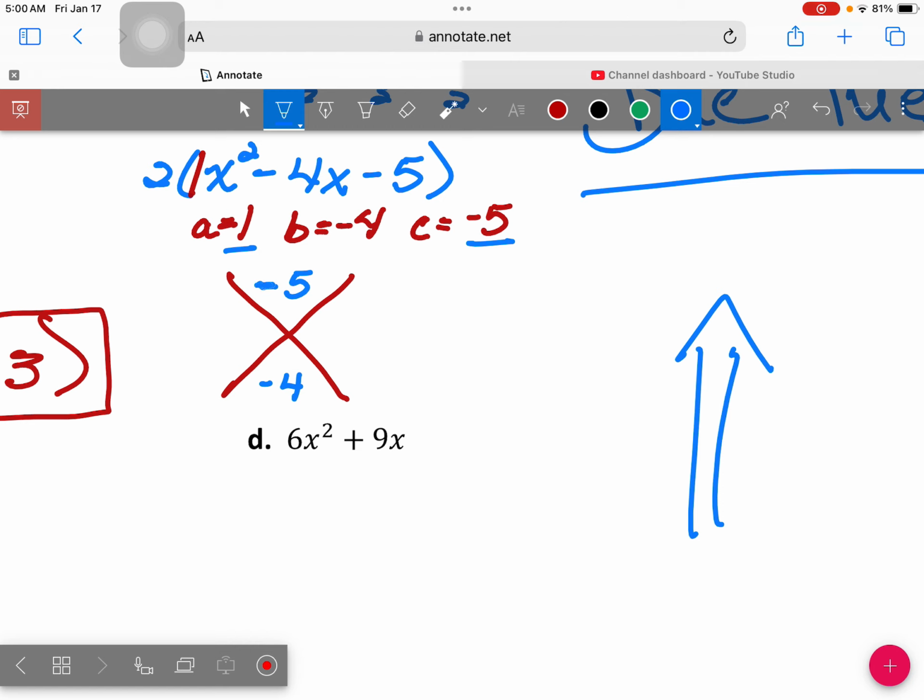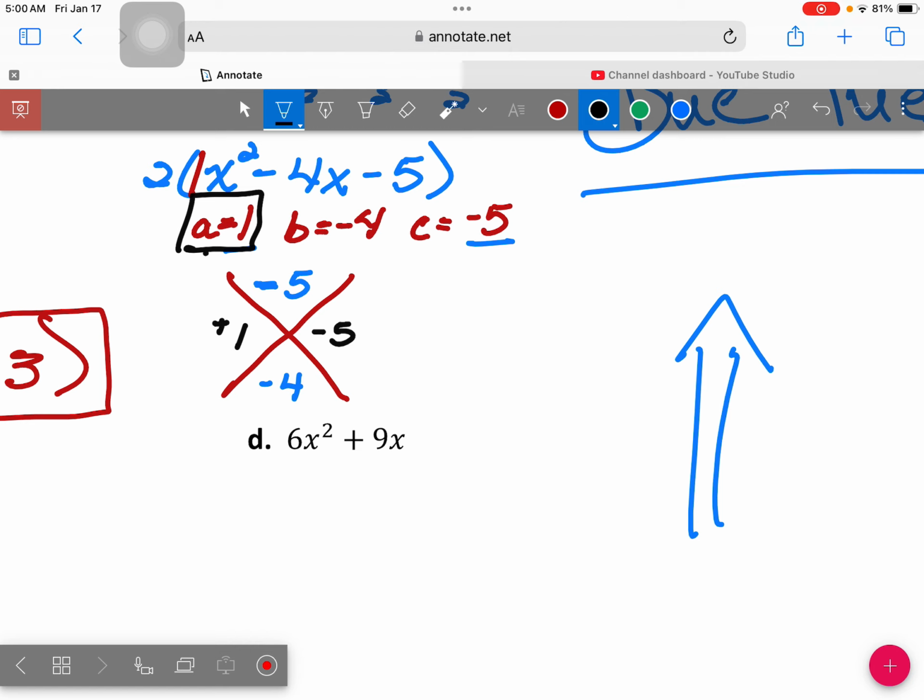Because this product is negative, I know one's going to be positive, one's going to be negative, and the larger digit is going to be the negative one. So I'm thinking 1 and negative 5. 1 plus negative 5 is negative 4. And because A is equal to 1, I can simply write these out using these as they are.